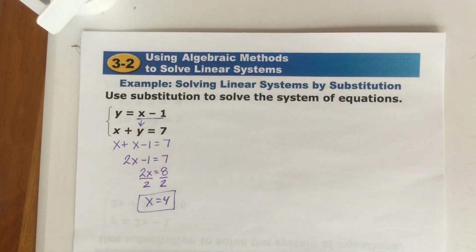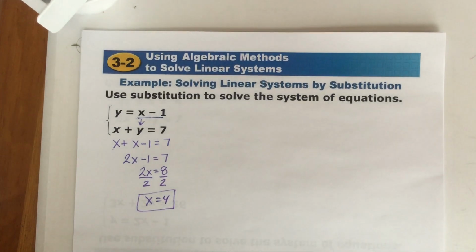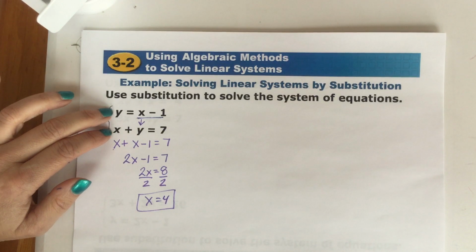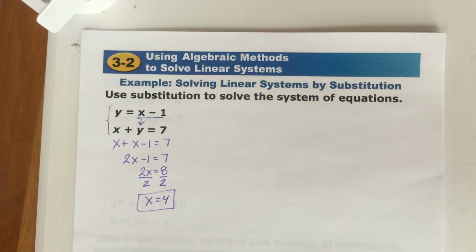But we're not done here, because what we're doing is the same idea as 3.1. We're saying if you graphed these two lines on a coordinate plane, where is the location where they would cross? Well, right now I only know the x. I know that I would have to travel to the right 4 units.